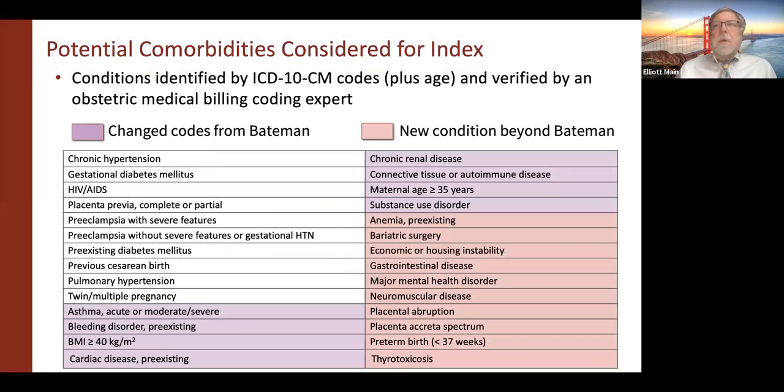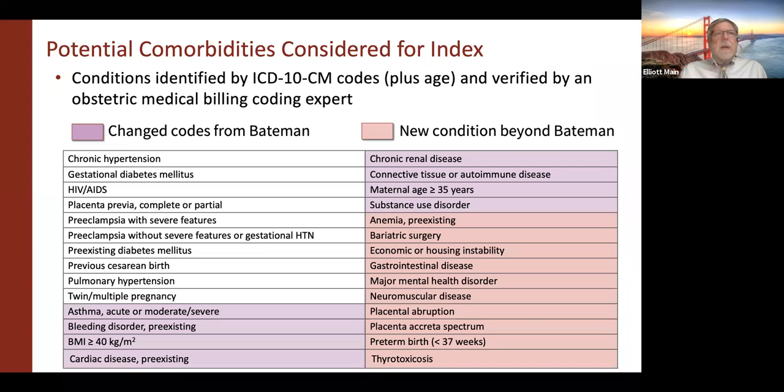So these are the types of conditions that were considered for the index for risk adjustment. Obviously things like chronic hypertension, diabetes, placenta previa, and preeclampsia are all important comorbidities for risk adjustment.